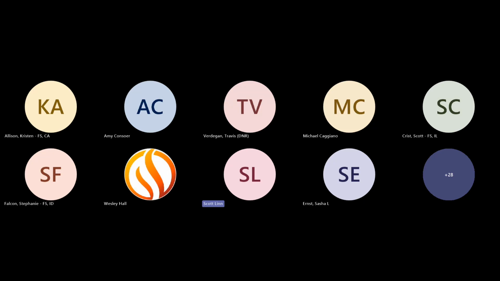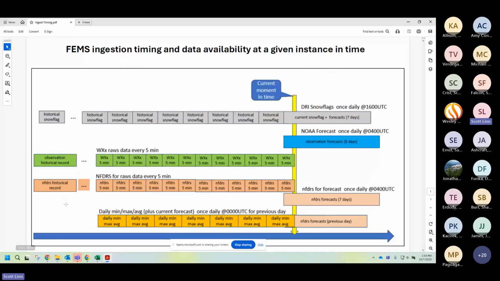All right, so timing ingest. There's been a couple of questions about when everything comes in, how often it gets calculated, and all that information. So this is a real quick visual for everybody, showing how we calculate information at any one point in time. DRI snow flags come in once daily.